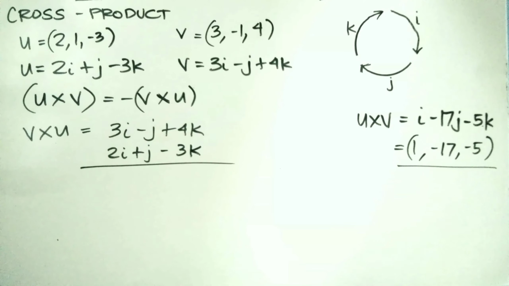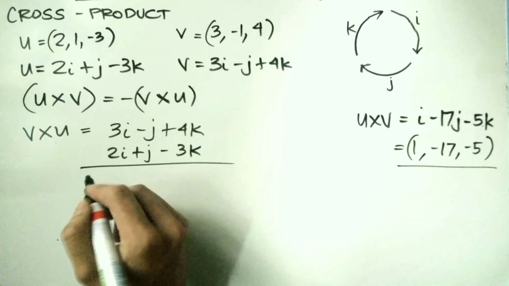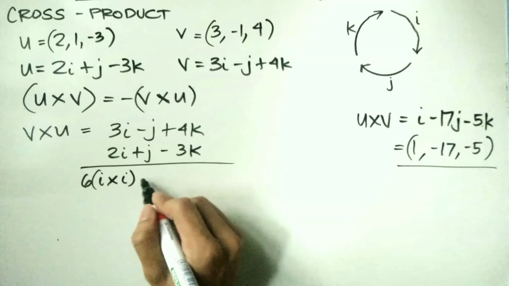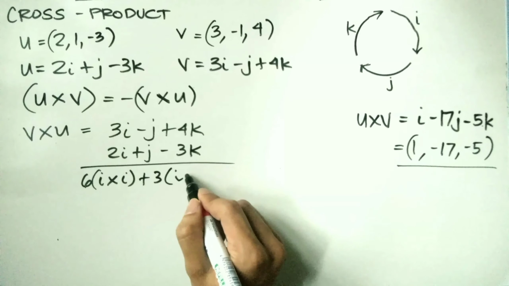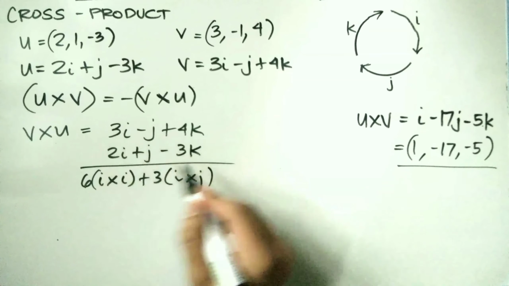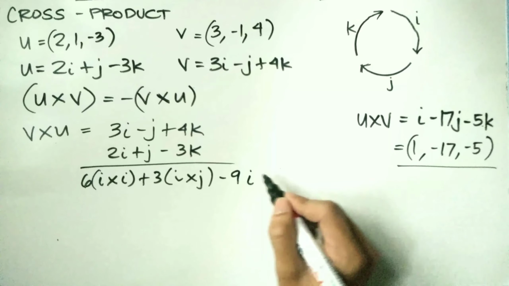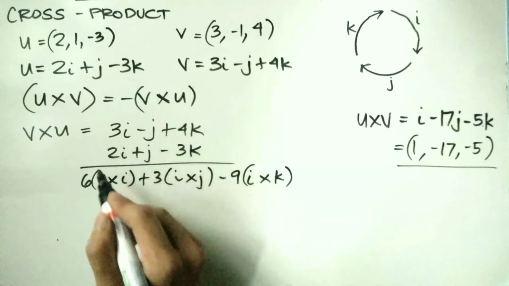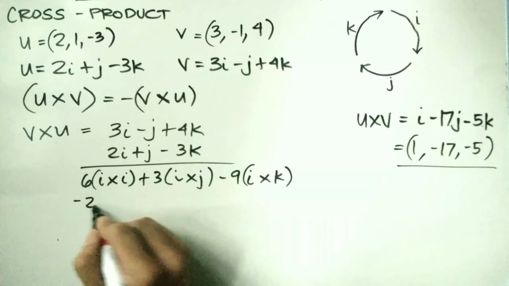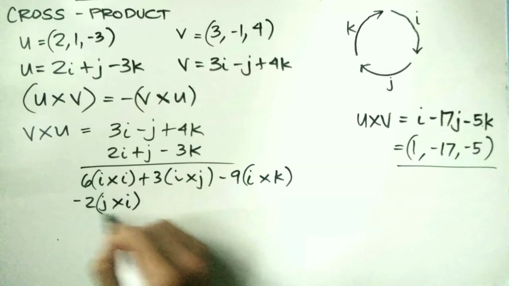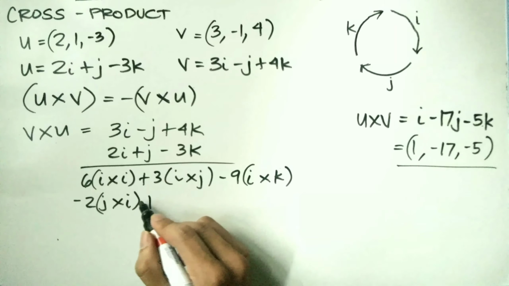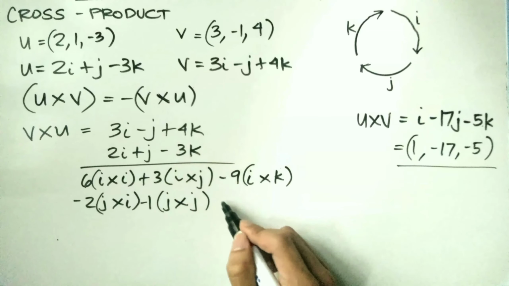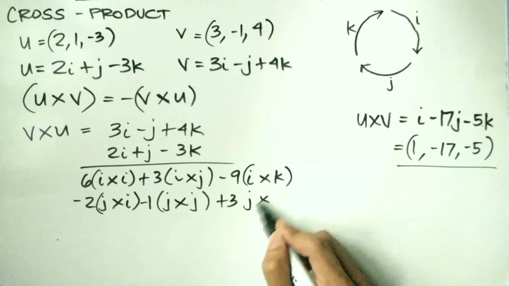So for this cross product, we will have 6 i cross i plus 3 i cross j, negative 9 i cross k. Next, negative 2 j cross i, negative 1 j cross j, and positive 3 j cross k.